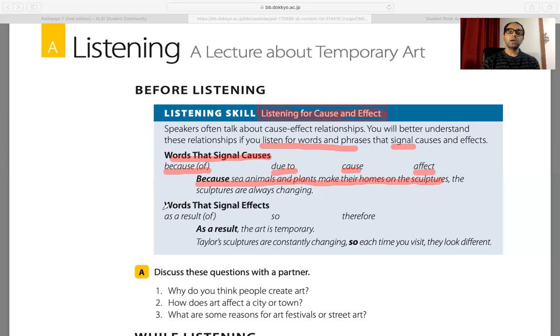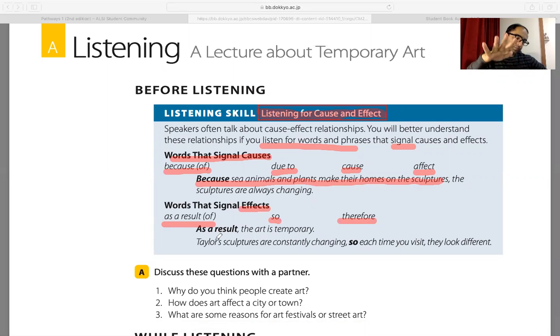Another: words that signal effects. Next is results. Okay, that's easy. An easy one is as a result. When the speaker says as a result, you can easily guess that the result is coming. Or so, or therefore. For example, as a result, the art is temporary.